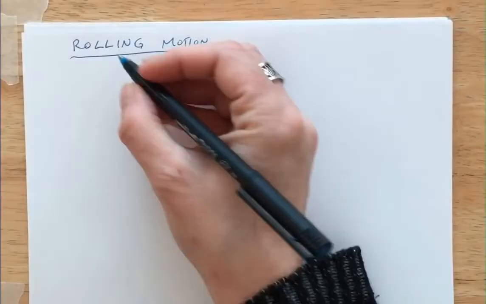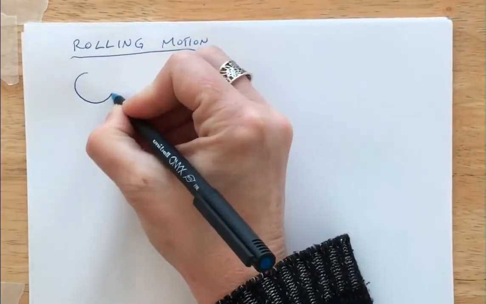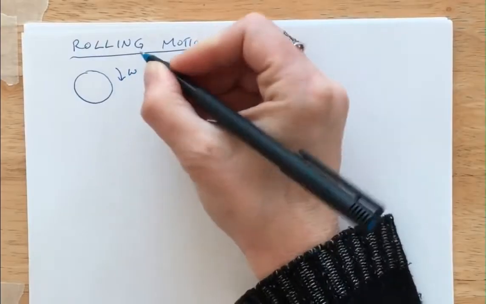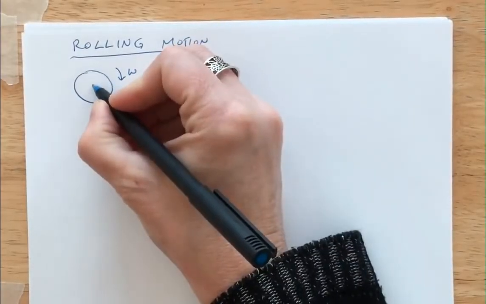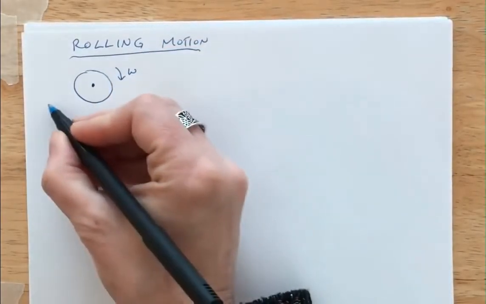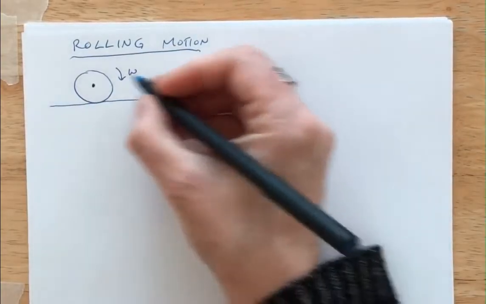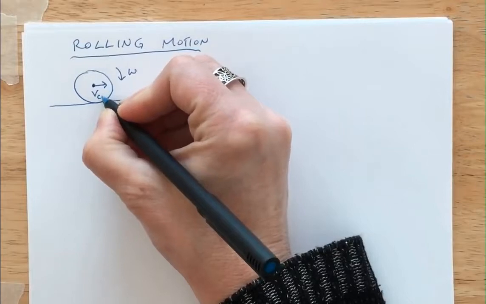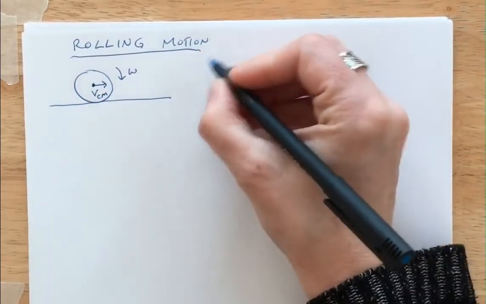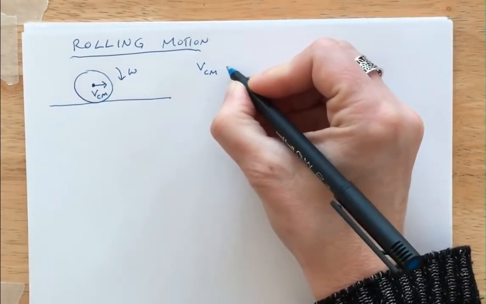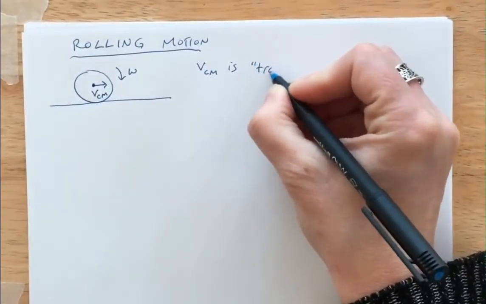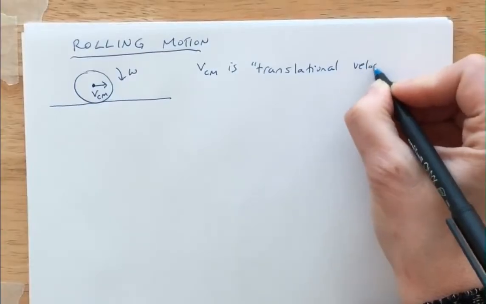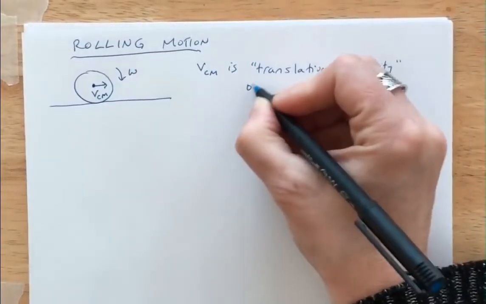In rolling motion, if we just imagine a wheel rotating with some angular velocity omega, and we look at the center of the wheel, let's say it's a uniform wheel on the ground, then there's going to be some velocity of the center of mass of the wheel, where v sub cm is the so-called translational velocity of the center of mass.